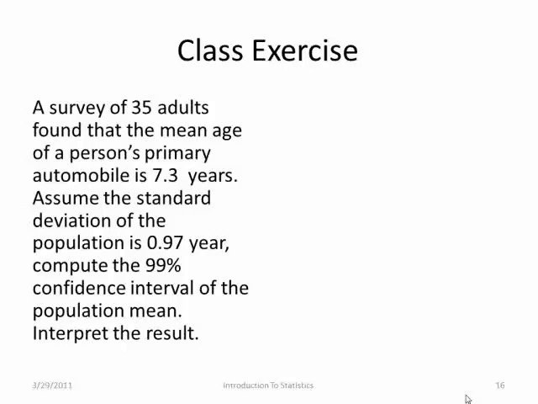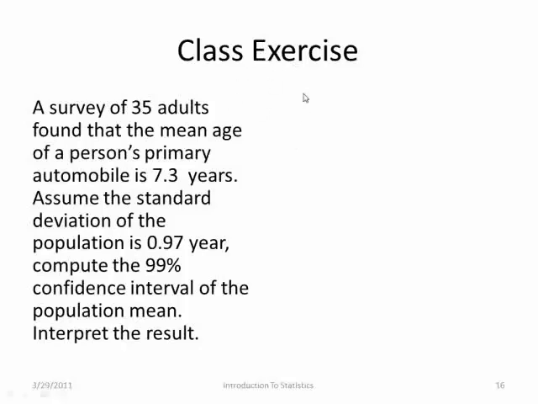Compute the 99% confidence interval of the population mean. So that is, of all people that own automobile cars, what's their average age? We don't know. Pull a sample of 35, and now we're going to construct a 99% confidence interval. Okay? So let's do it.